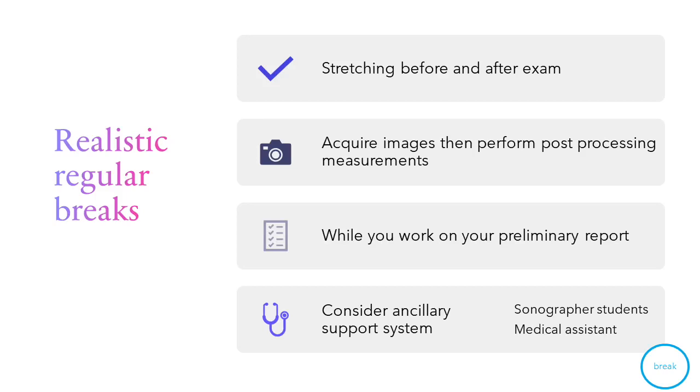Stretching before and after an exam, acquire images, then perform that post-processing measurement. We all have that, whether we do echo or vascular, we all have this ability to do post-processing. One of the things that I would observe with a lot of my students is that even while they're talking to the patient or talking to me, they're keeping their arm in that more strained position while they're communicating, when they could relax and then get the image back.